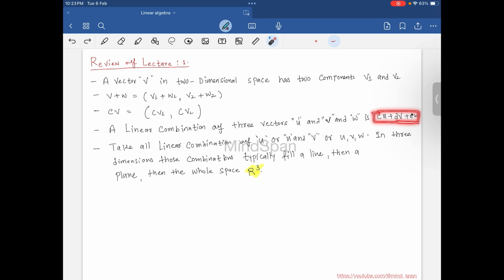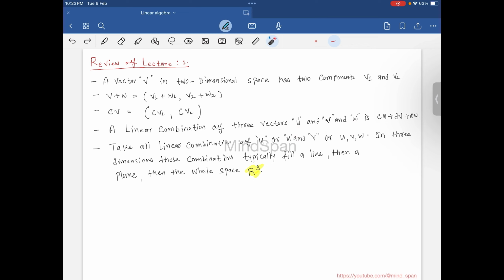That will be this, right? With these two operations, we will simply scale the vector u, scale the vector v, scale the vector w, and we will add those, right? And this will give us the linear combination of vectors u, v and w.